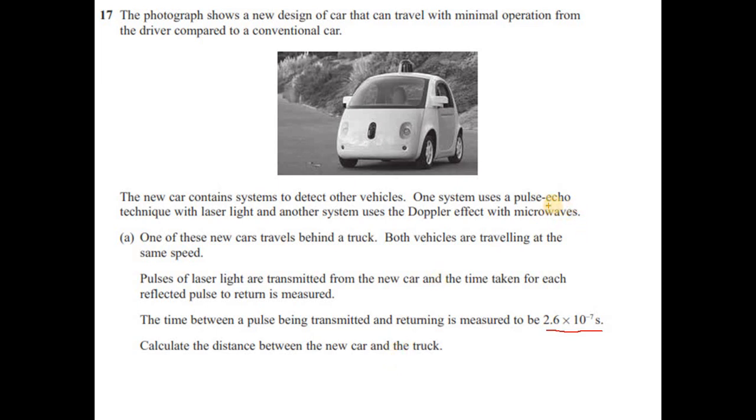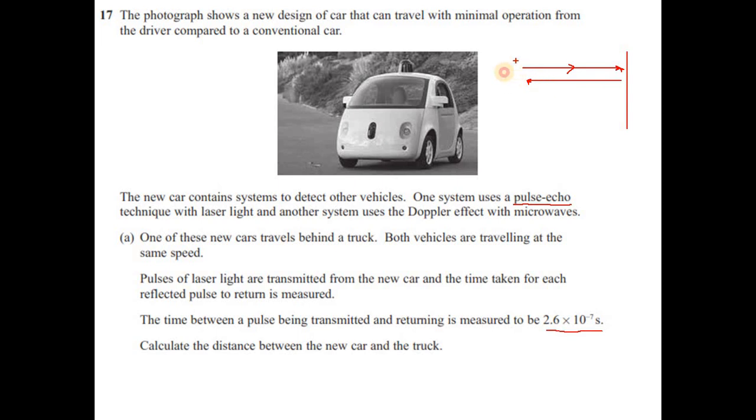Clearly, it is a typical question of pulse and echo. In pulse and echo, we have some obstacle, and you send a pulse like this. This is a pulse, and then it is reflected and received at the same point.